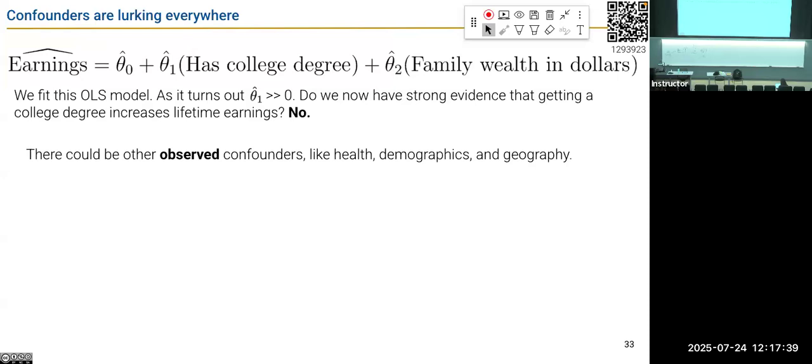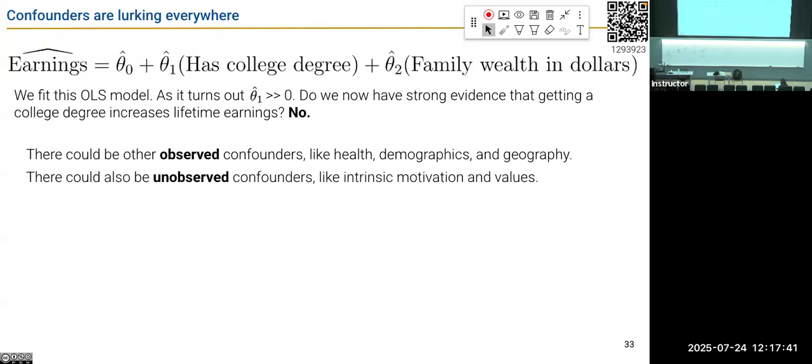But there are also confounders that are not even observable, things like intrinsic motivation or value, how much you value making money. Those are not even observable, and they still act as confounders.